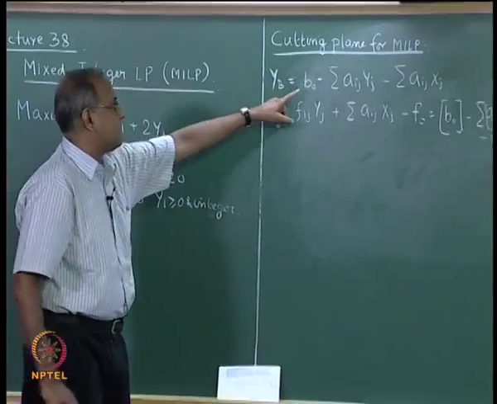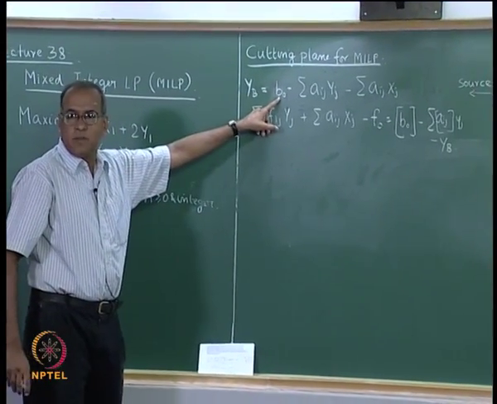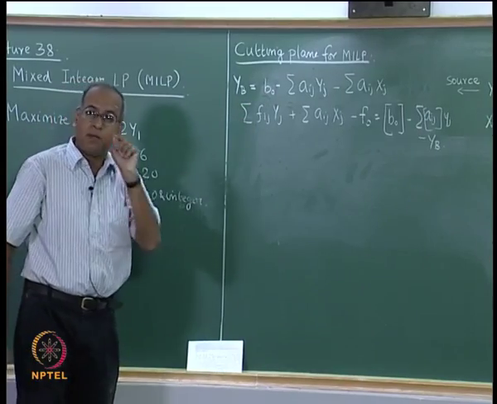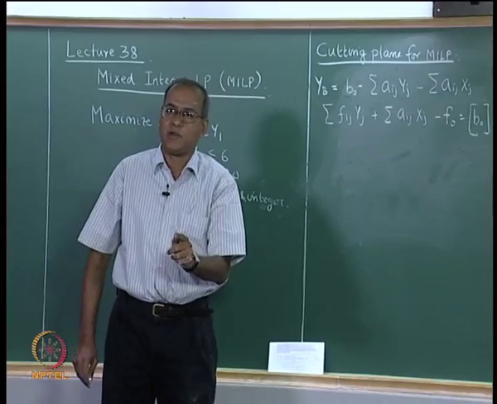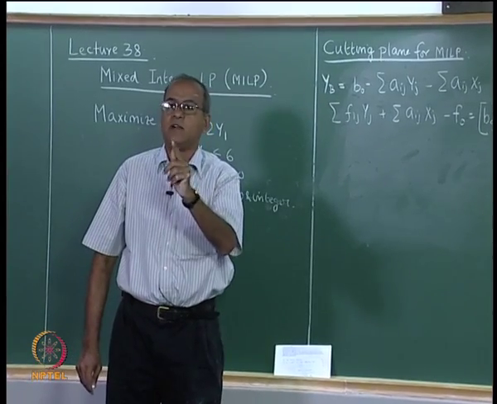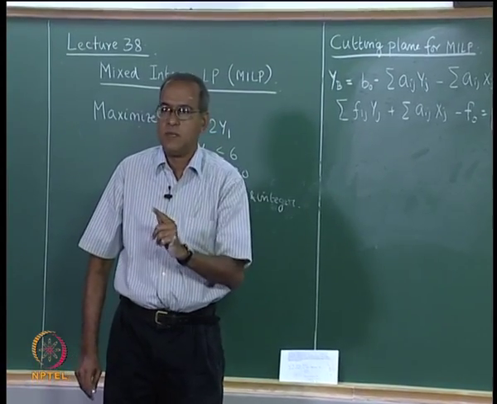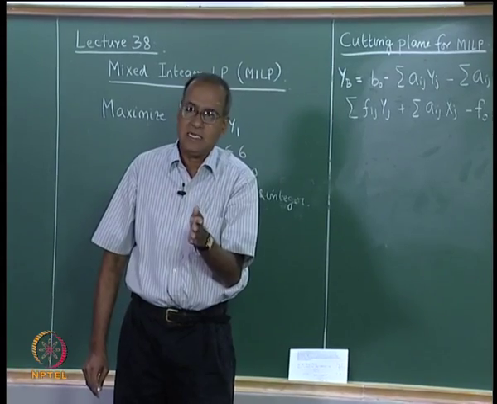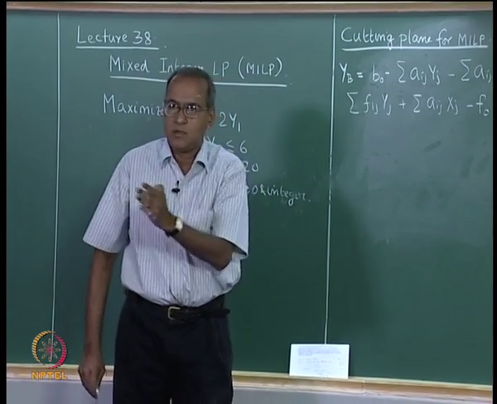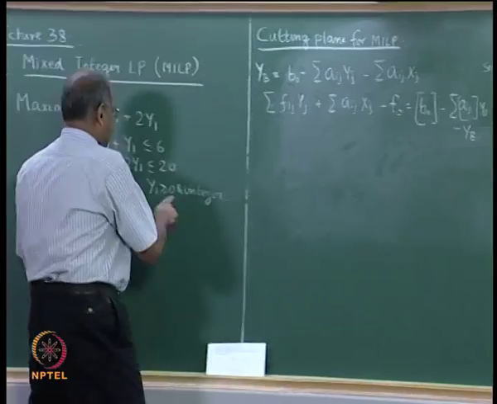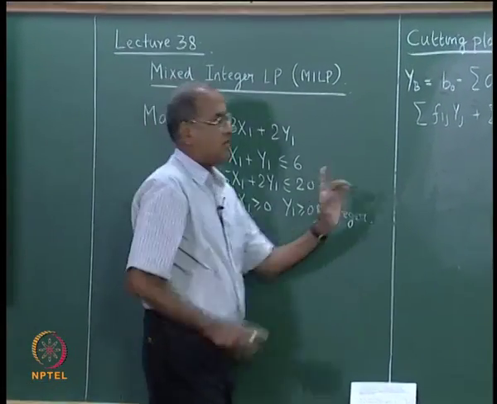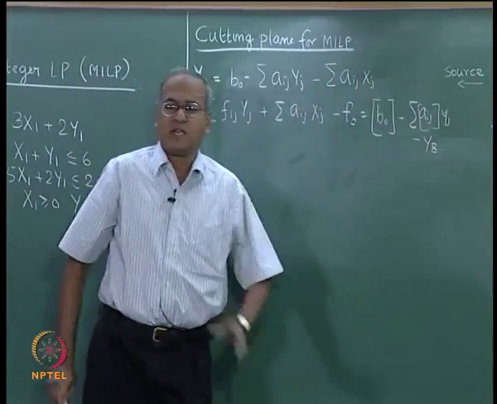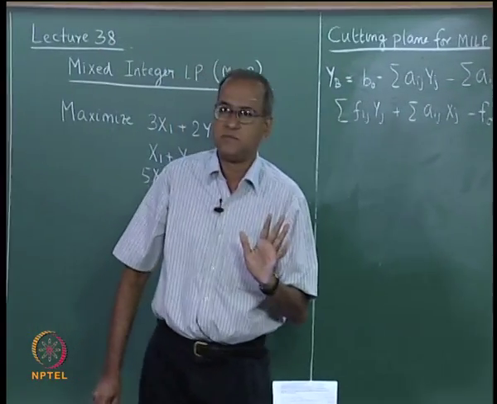So, B naught is not integer. It has a fractional component and it is greater than 0. Because it has a fractional component, it is greater than 0, because it comes from the LP optimum. For example, 10 by 3, you cannot have a minus 5 by 3 there.